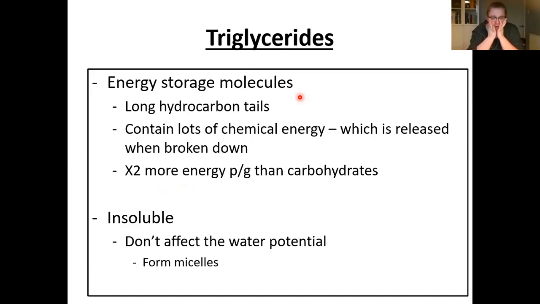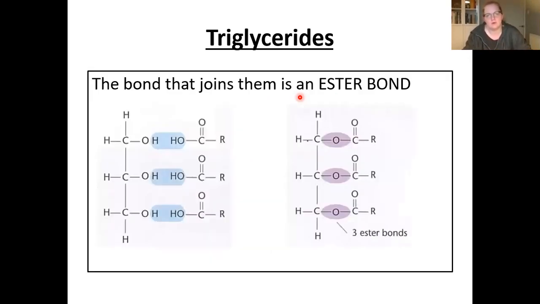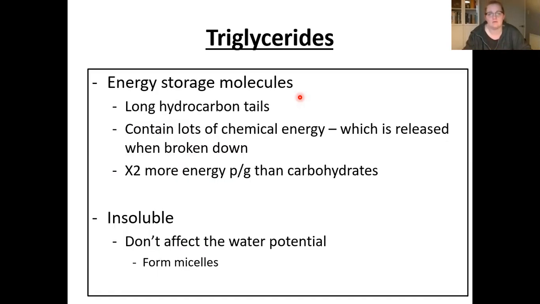So, triglycerides, why do we have them? Again, like glycogen, they are an energy storage molecule. They have long hydrocarbon tails and they contain lots and lots of chemical energy. This chemical energy is released when the triglyceride is broken down. So if we broke this triglyceride down, if we went through a hydrolysis reaction and broke those 3 ester bonds, we are releasing energy when that happens.